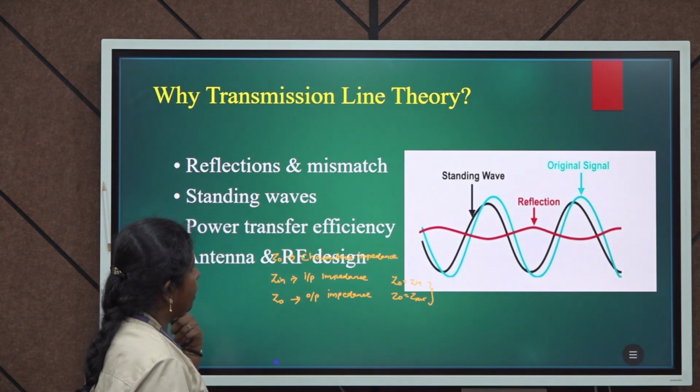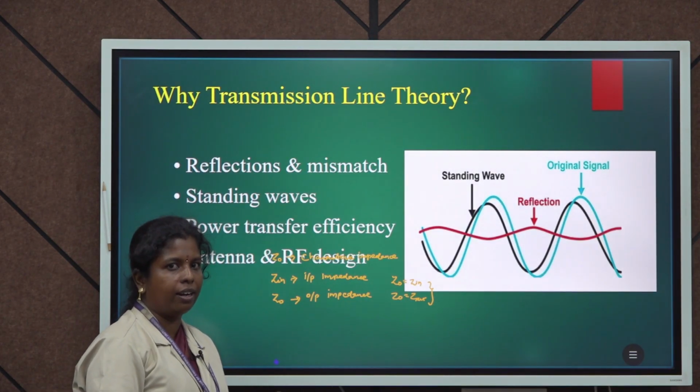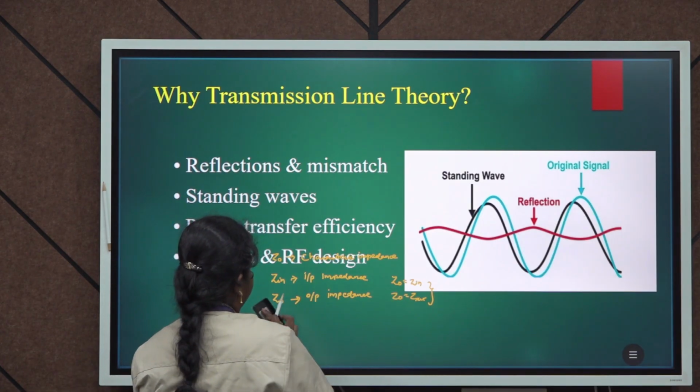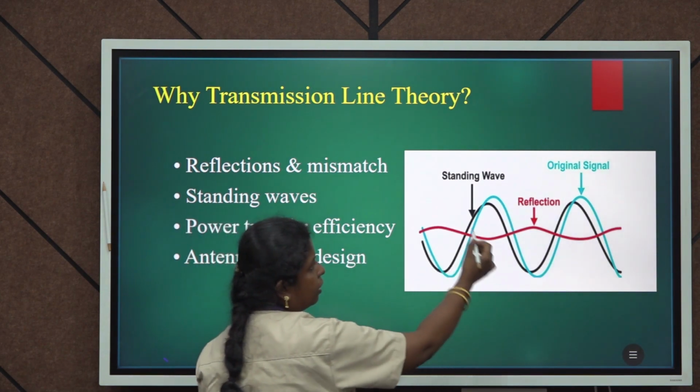And why should transmission line theory be understood before entering into the analytic part? Here you can see three different waves.